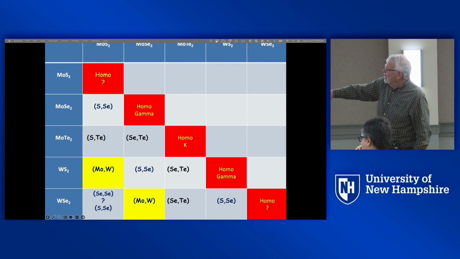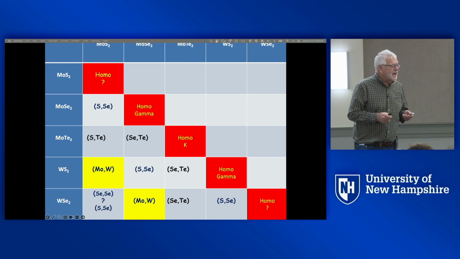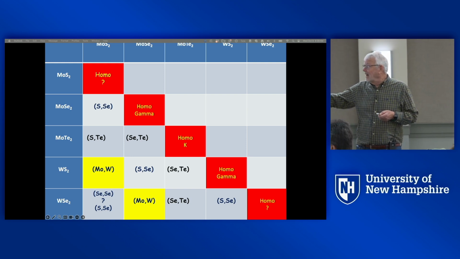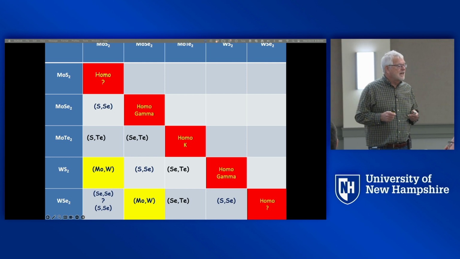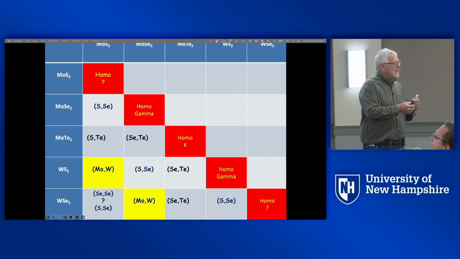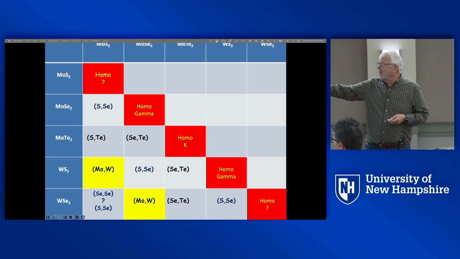The ones in red here are homo bilayers. It turns out that when you make bilayers of the same material, in most cases, because the tunneling between the layers is much stronger at zero momentum, at the center of the Brillouin zone, the gamma point, than it is at the Brillouin zone corner, level repulsion between layers in many cases moves the top of the valence band from the K point in the Brillouin zone to the gamma point.